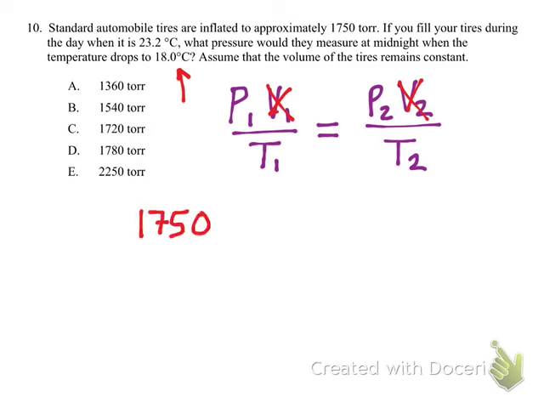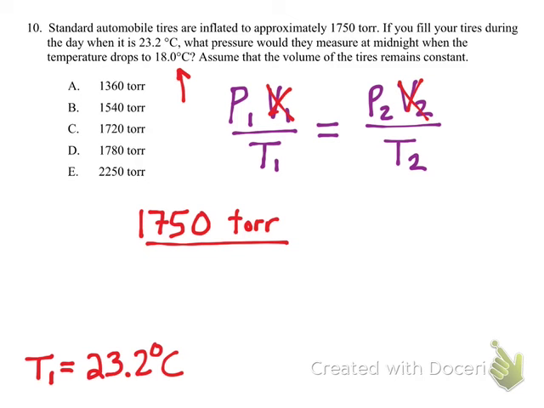So we have 715 torr for our P1, and we're going to put that over T1, which is 23.2 degrees Celsius. And then we're going to add to that 273 because we need to make sure this is in Kelvin, which will give us the 296.2 Kelvin that we'll be plugging in to our equation.